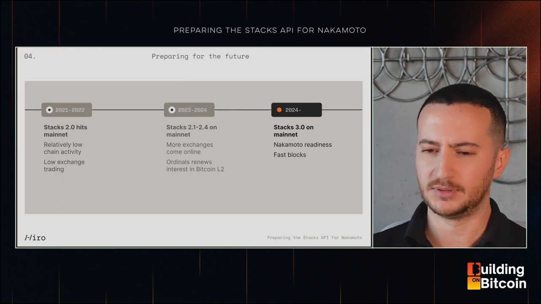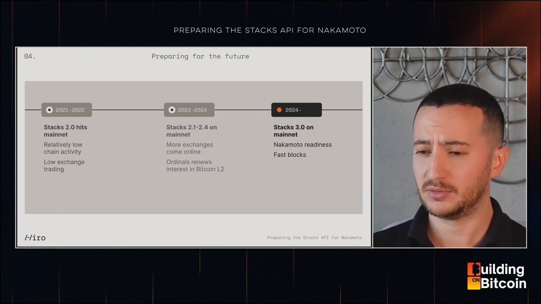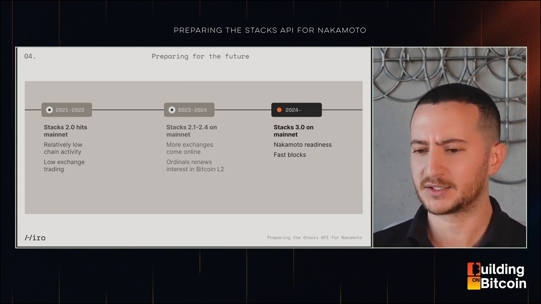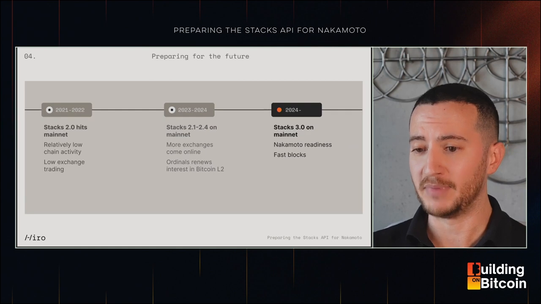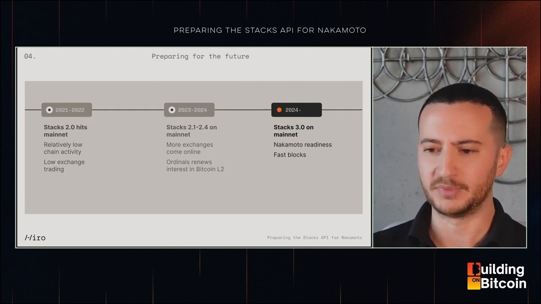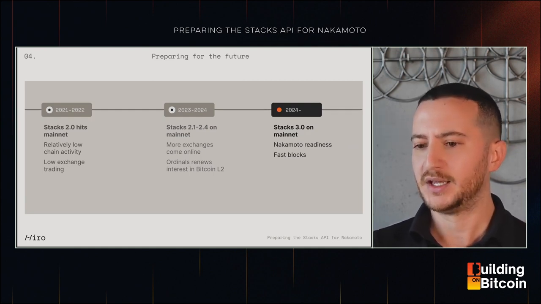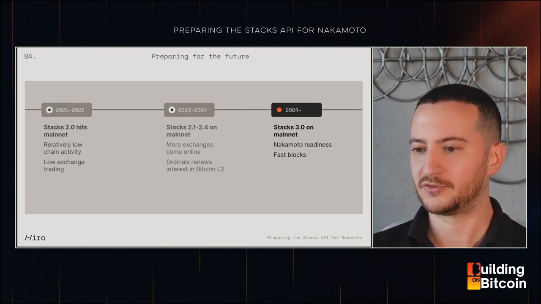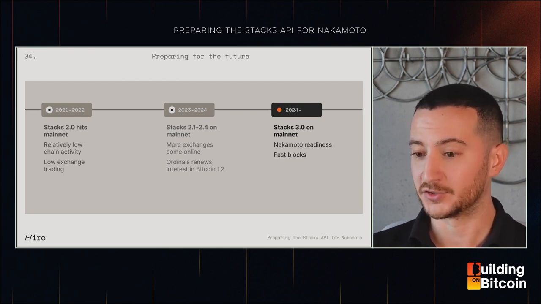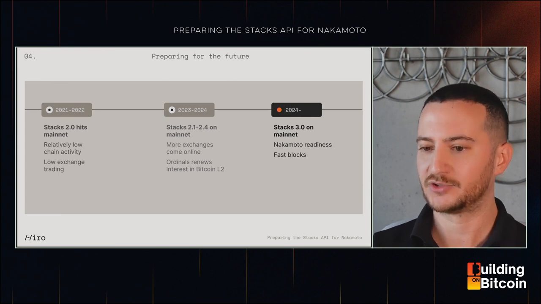So around April, end of April, is when we expect the Stacks 3.0 milestone to hit and be released on mainnet. This is also being called the Nakamoto release. And, you just heard a great talk from Kenny highlighting a lot of the different aspects and improvements that Nakamoto brings to Stacks and how that impacts transactions.